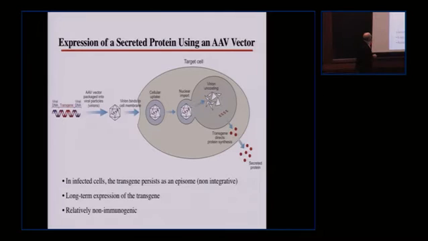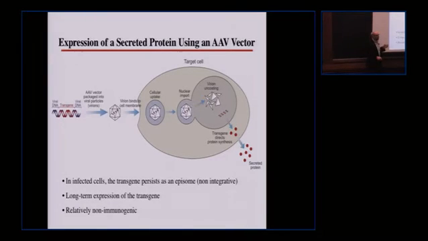AAV has really revolutionized approaches to gene therapy. It's a small DNA virus. It does not integrate. The transgene persists as an episome. It allows for long-term expression of the transgene for decades. And unlike some other viruses, like adenovirus, for example, it's relatively non-immunogenic.